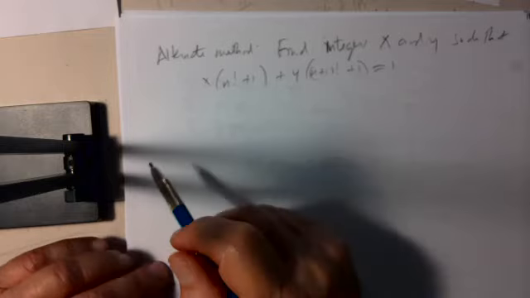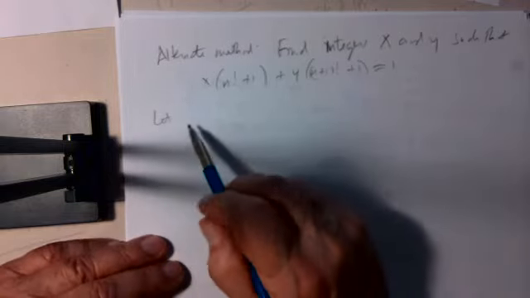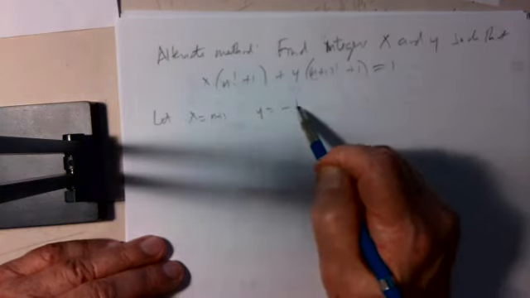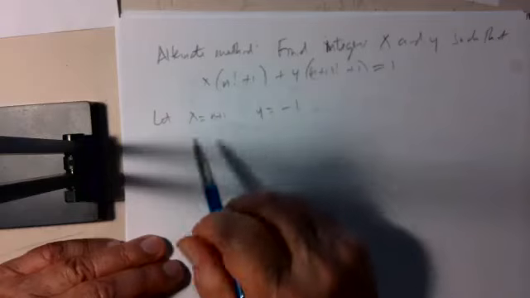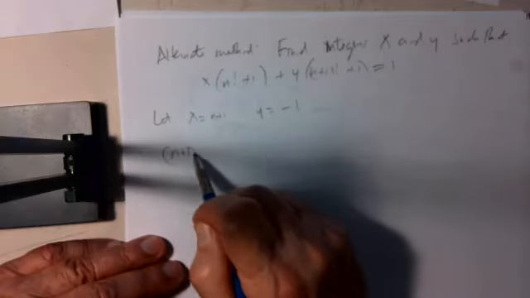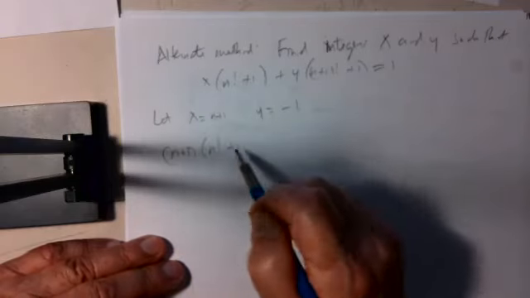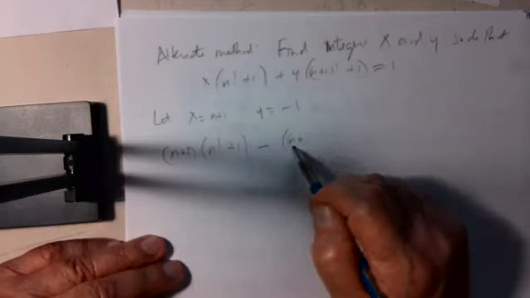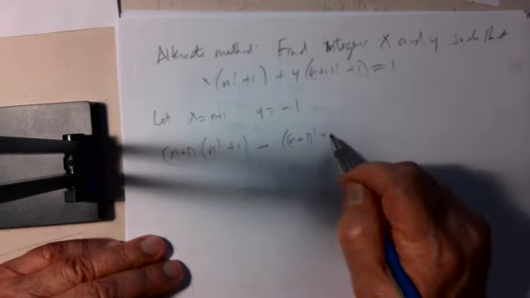So you could do the following. If you let x equal n plus 1 and y equal minus 1, what you would get is n plus 1 times n factorial plus 1 minus n plus 1 factorial plus 1.